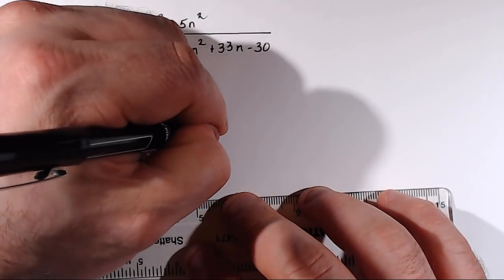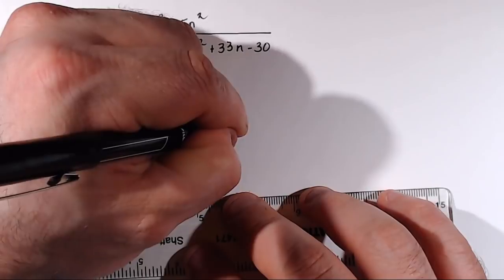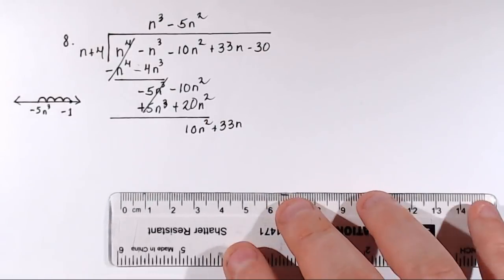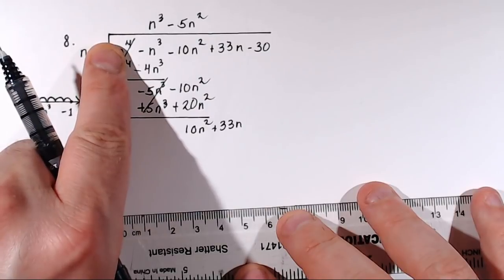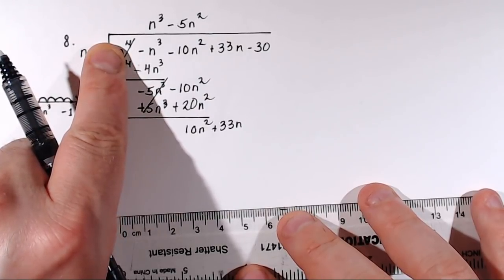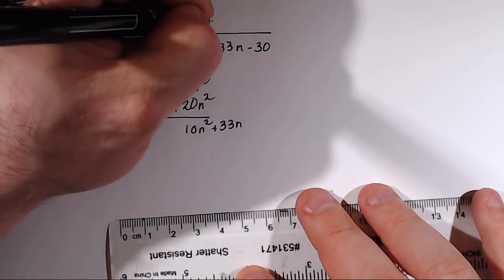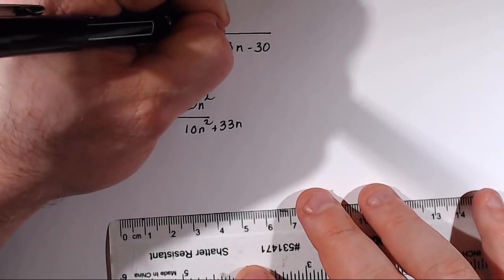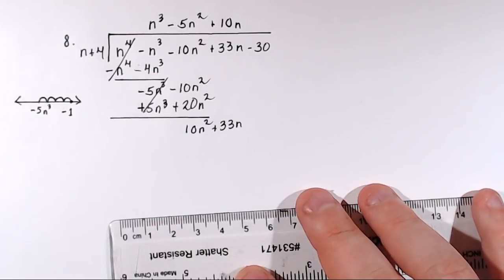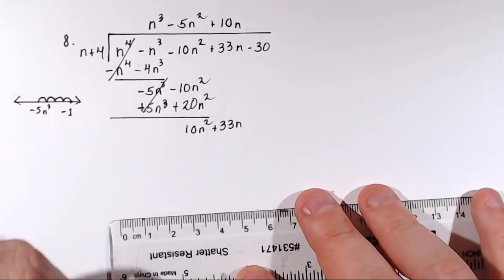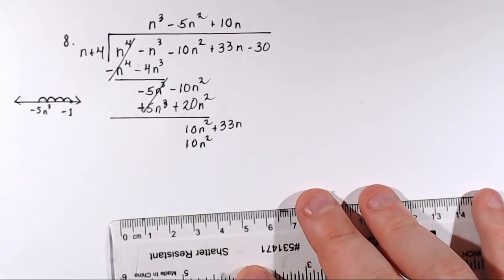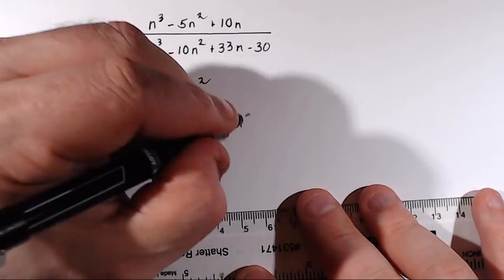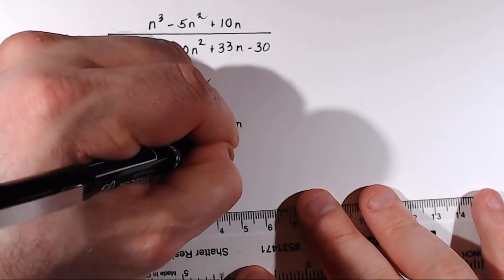Bring down plus 33n. N times what equals 10n squared? Well, 10n times n equals 10n squared. So plus 10n. Now, 10n times n is 10n squared. 10n times 4 is positive 40n.